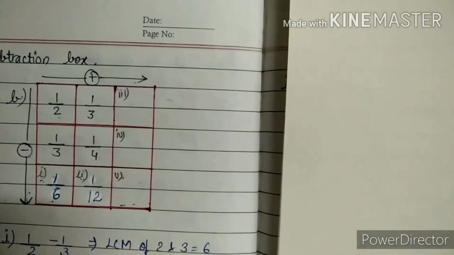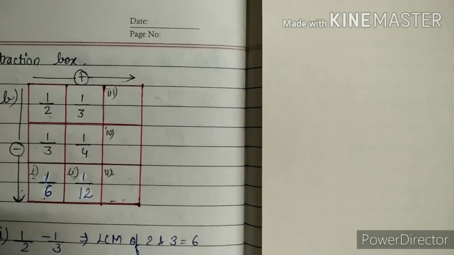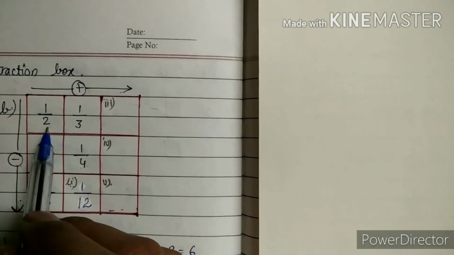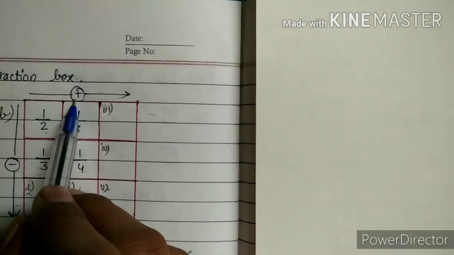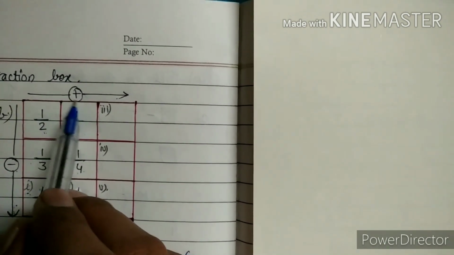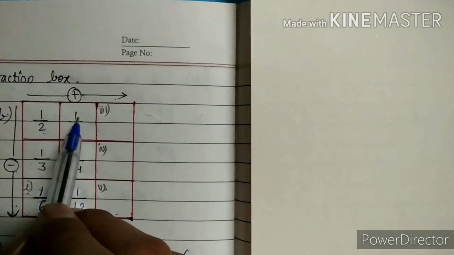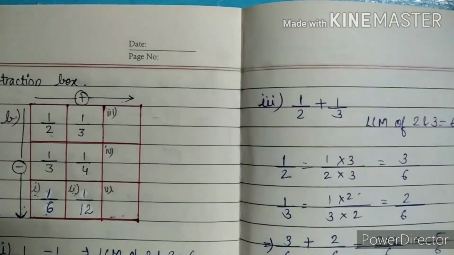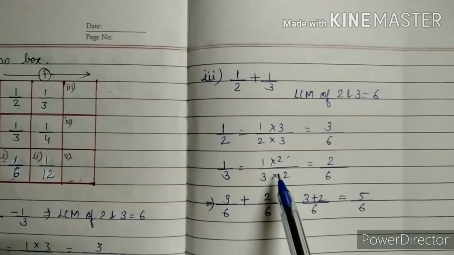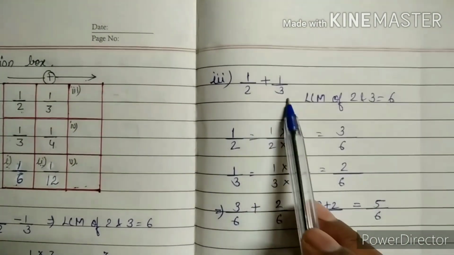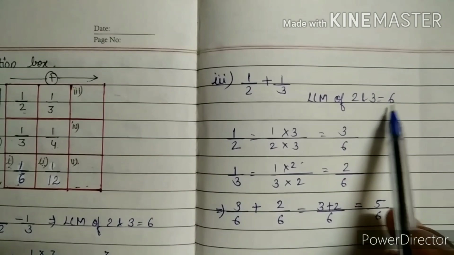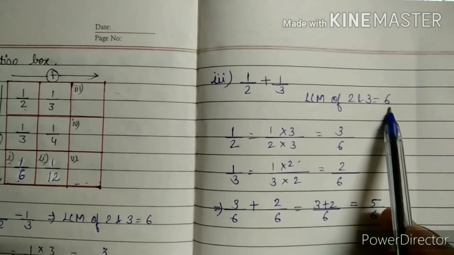Now for the third one. Third one, what do we have to do? In the third one we will do 1 by 2. Now we are going to the right hand side. For the right hand side we have to follow addition. 1 by 2 plus 1 by 3. The denominator is different, that's why we will take their LCM and we will get 6.